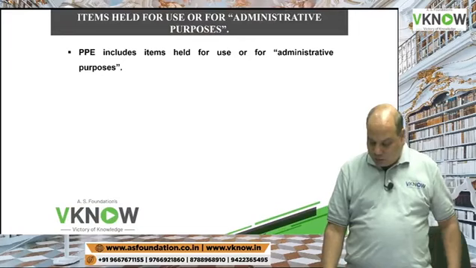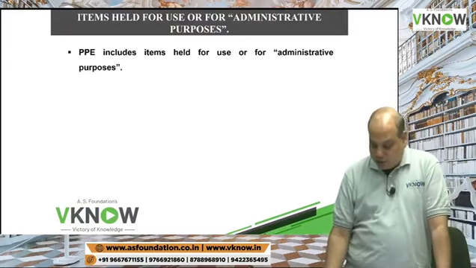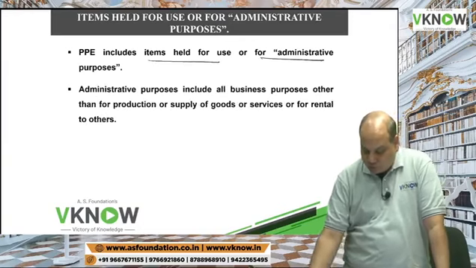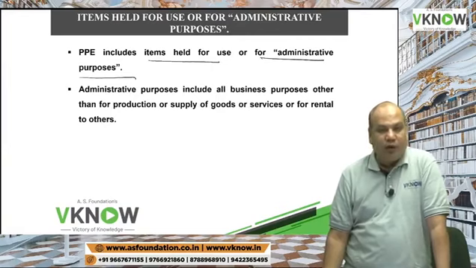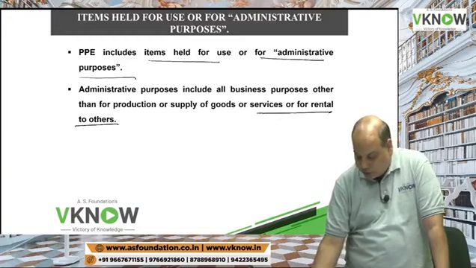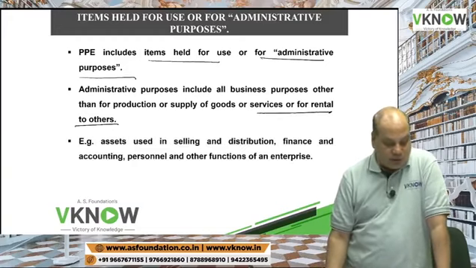Next, what about the assets which are held for administrative purposes? Of course, an asset held for use or for administrative purposes will be capitalized as PPE. An asset given on rental to others will also be capitalized as PPE.